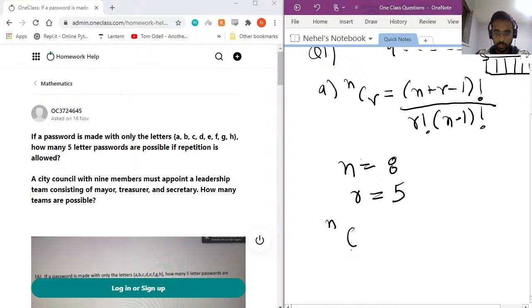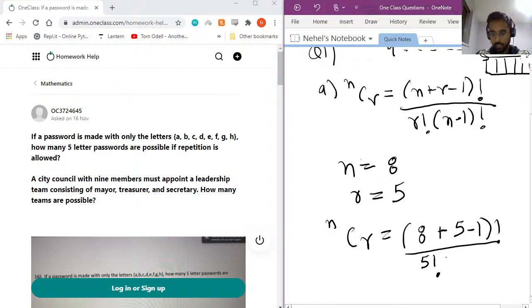So n choose r with n equals 8 and r equals 5 gives us (8 plus 5 minus 1) factorial divided by 5 factorial times (8 minus 1), so that's 7 factorial. So we're just going to simplify it in the next step.